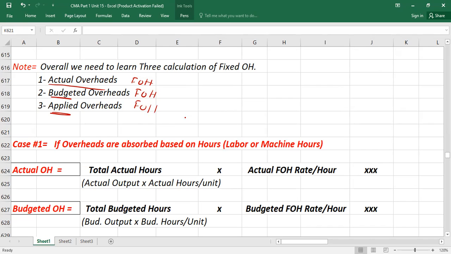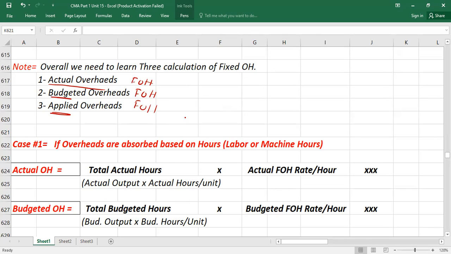I'm just spoon feeding you, but at least remember these things so they help you solve your questions. Read with me: actual overheads, budgeted overheads, and applied overheads. Right or wrong? 3 lines.